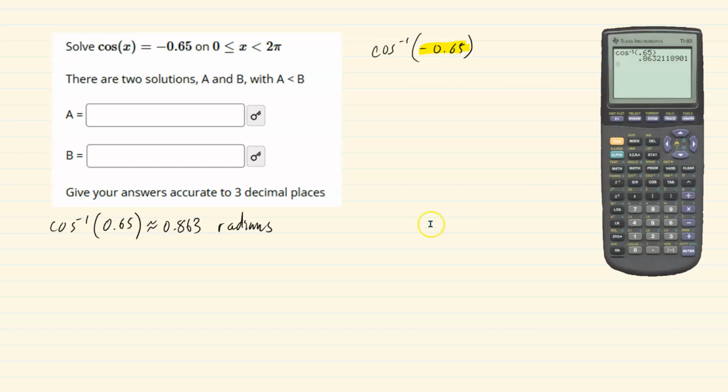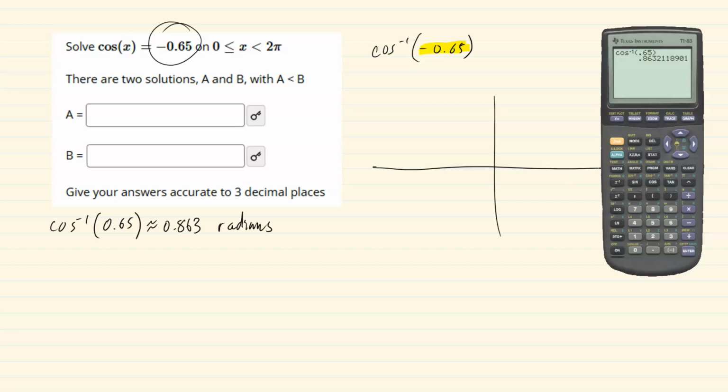Okay, so if we're going to find our two solutions, notice that since we actually have negative 0.65 and not positive 0.65, we will want to consider which quadrant we're in.